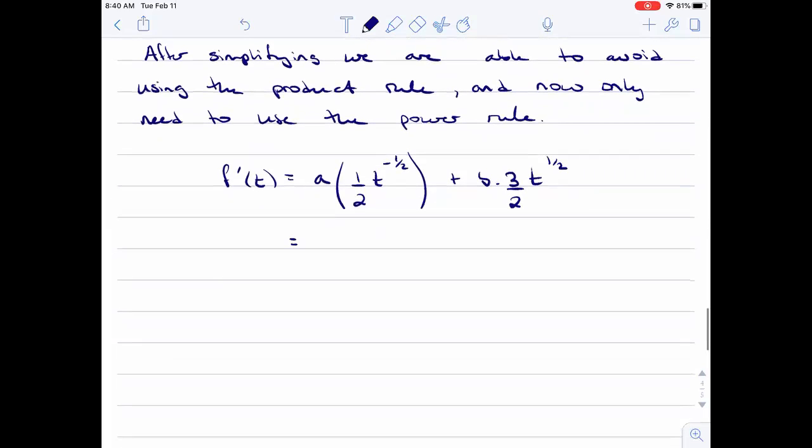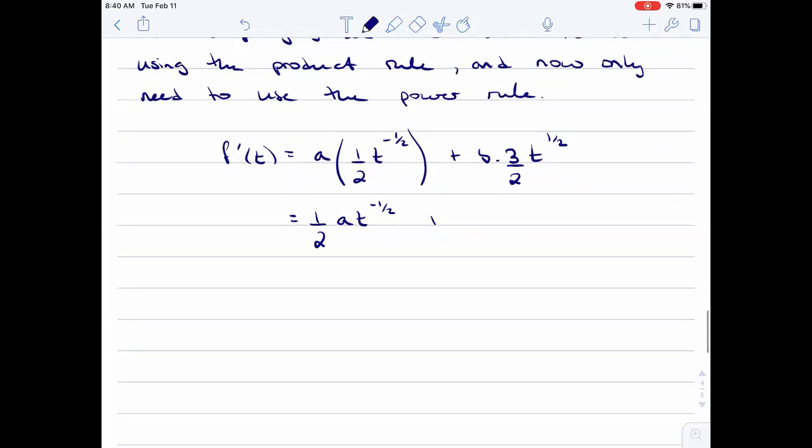We can rewrite this so it's not so weird. We get 1/2 a t to the negative 1/2 plus 3/2 b t to the 1/2.